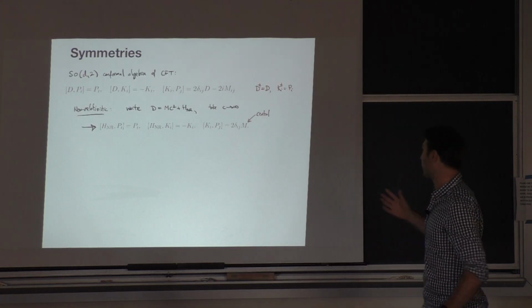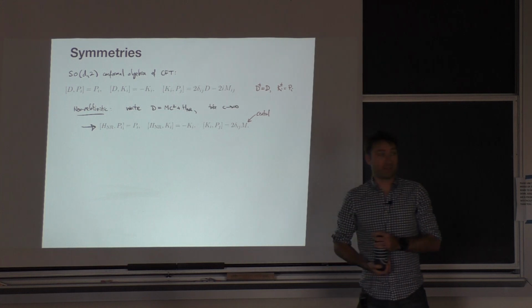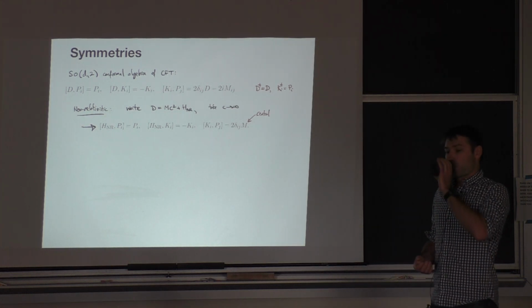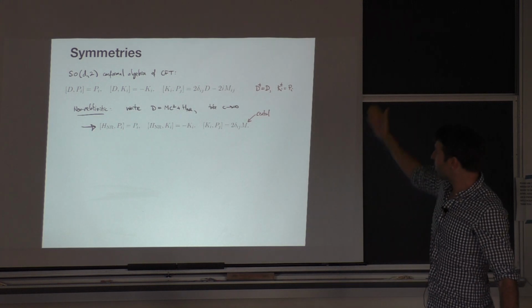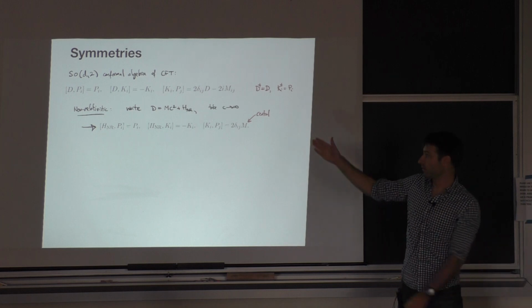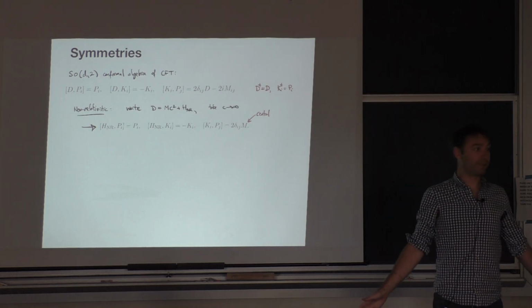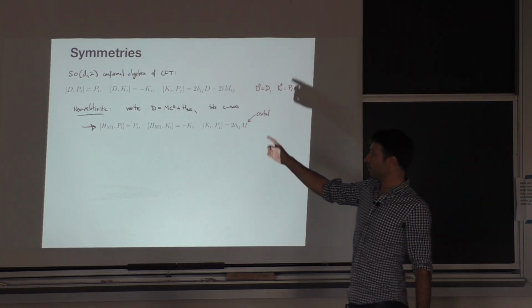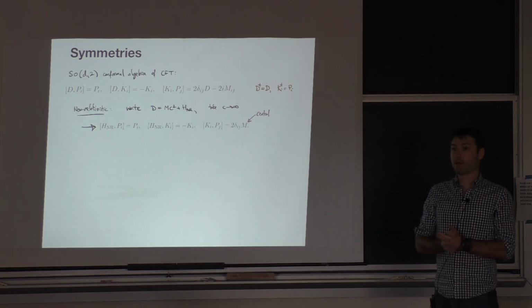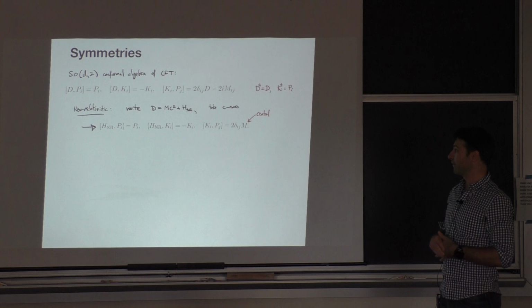So to kick us off, we should start with a discussion of the symmetries, what happens in this non-relativistic limit. Our starting point is the symmetry algebra of a CFT. This has the conformal group SO(d,2). These are the isometries of AdS_{d+1}, or just the conformal symmetries of the boundary CFT.